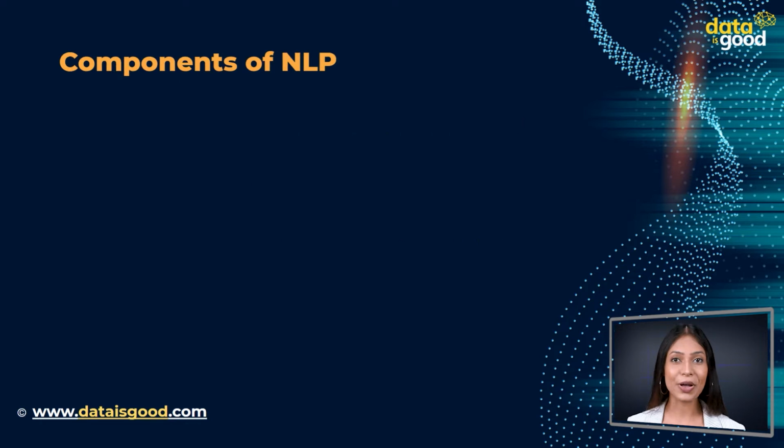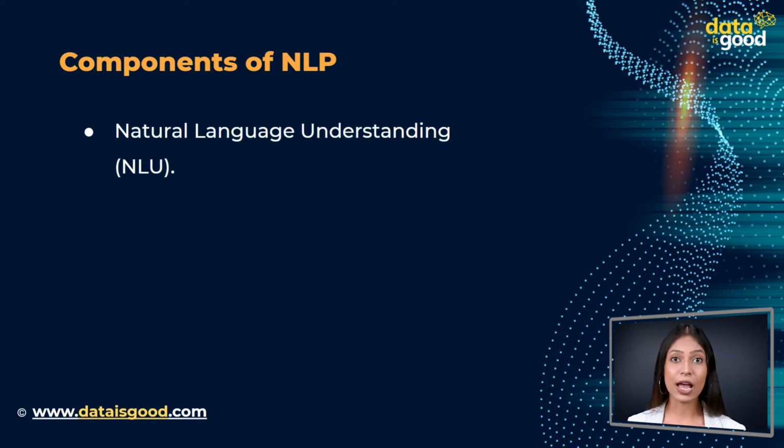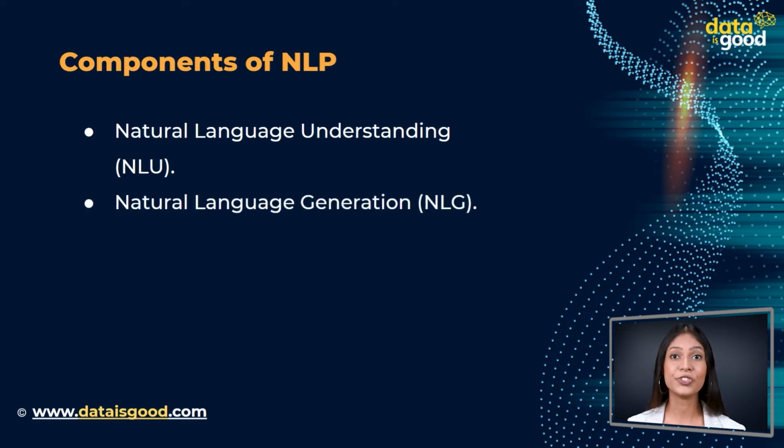Let us look at the components of natural language processing. So there are two components of NLP: Natural Language Understanding, that is NLU, and Natural Language Generation, or NLG. Natural language has an extremely rich form and structure. It is very ambiguous.